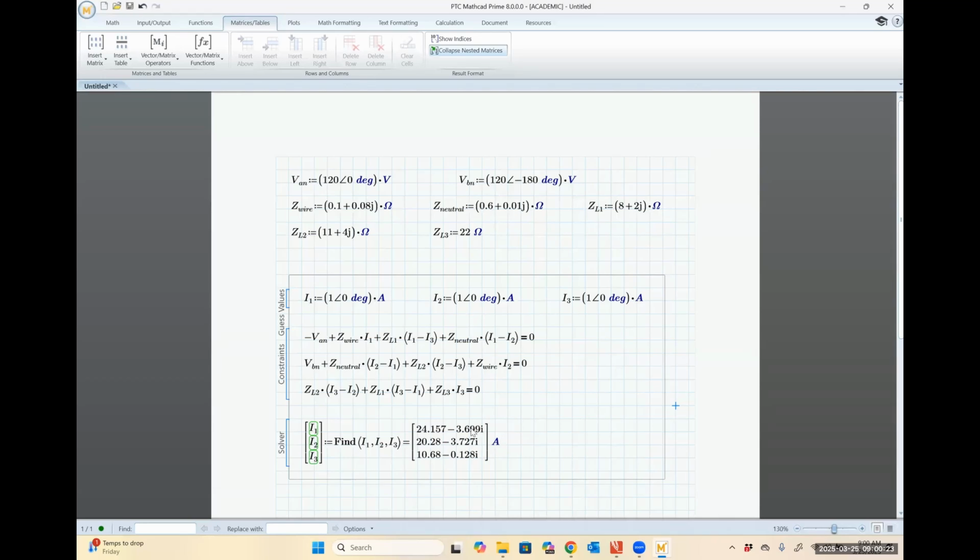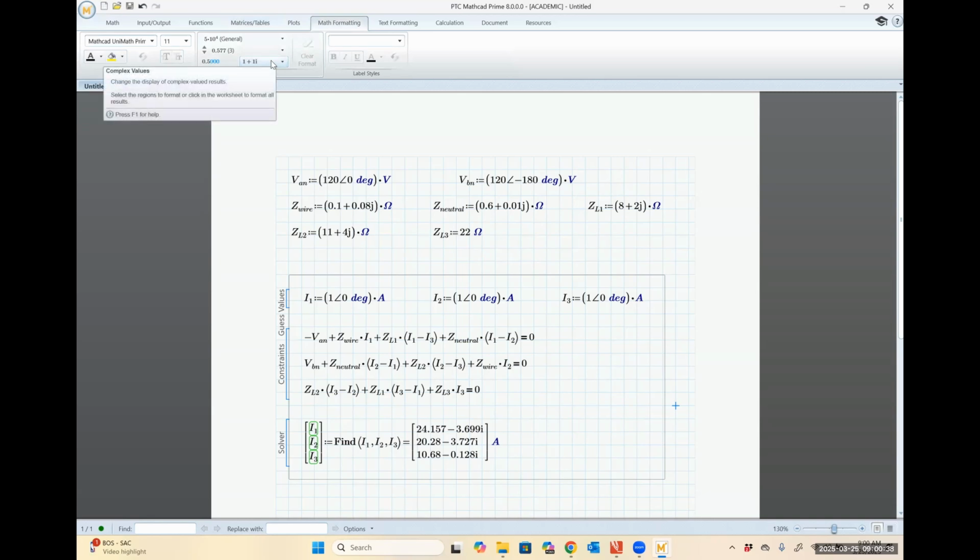So it gave me results in rectangular form. We can fix this by going into the math formatting tab. And if we look at this little block right here, in the bottom right-hand corner is where we can change our complex values.